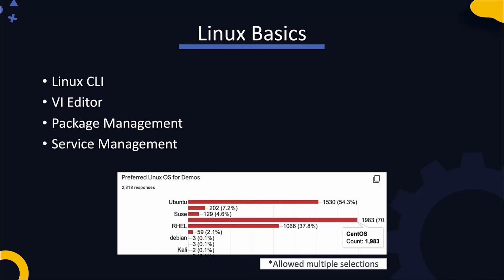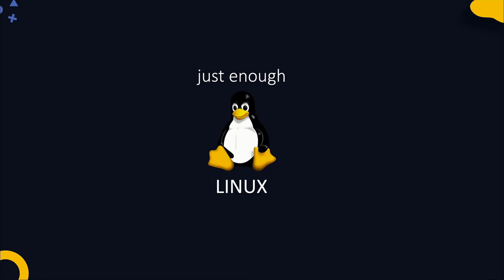Learning CentOS will also help you prepare for Linux certifications like Linux Essentials or Linux Foundation's Certified Systems Administrator certification. Now, since you also cover basics of Red Hat Enterprise Linux, it also helps you prepare for any Red Hat exams. And that's why we decided that CentOS is going to be the OS of our choice for this course. So let us begin our Linux crash course.